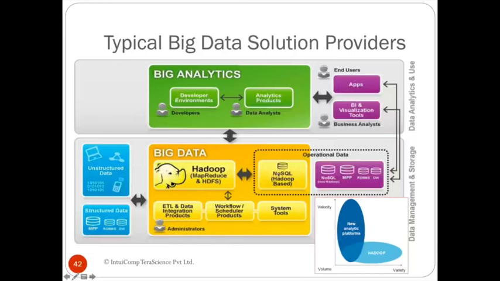NoSQL is Hadoop-based again, plus system tools. Operational data involves NoSQL, and then it comes to RDBMS and data warehouse. So we can see velocity, volume, variety, a new analytic platform using Hadoop, where big data involves unstructured data and also structured data.